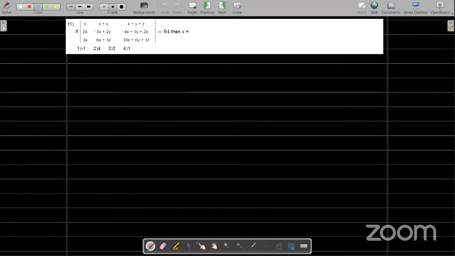Then, okay, so this is another which is more of row column operations. So let us see how to do this one.